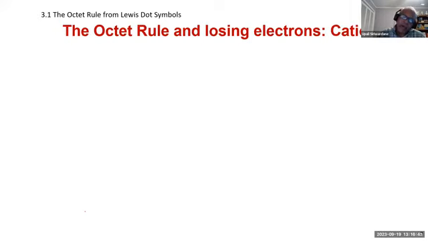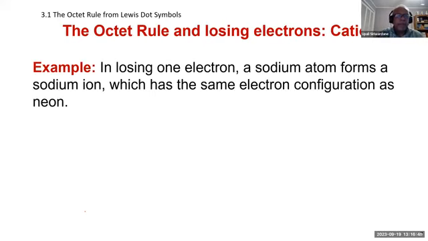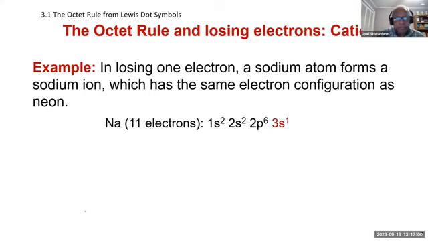Let's look at how a cation is formed to satisfy octet rule. Sodium atom loses an electron to form sodium ion. Sodium electronic configuration is here.